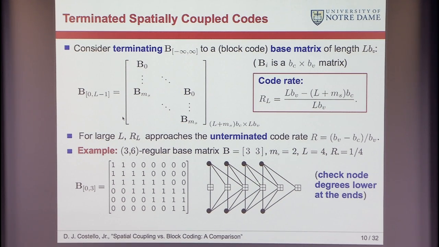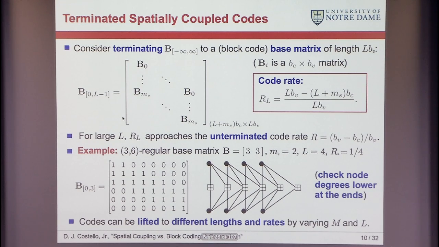Otherwise, the check nodes in the middle all have degree 6, but of the 2 at this end, one has degree 4 and one has degree 2, and same at this end. So these are stronger local constraints at the ends of the convolutional protograph, which is crucial in giving us the improved thresholds of these types of constructions.